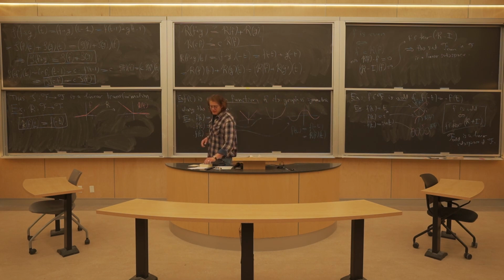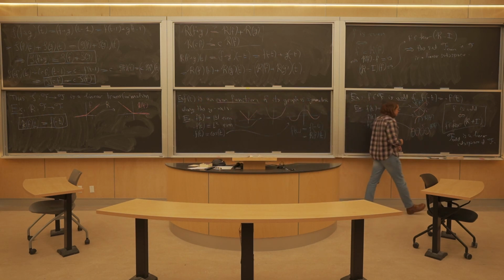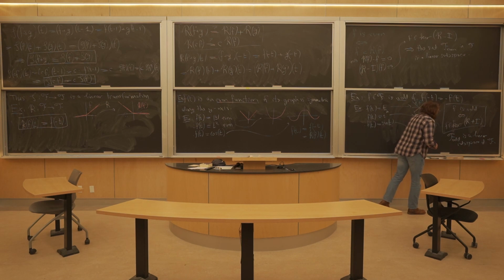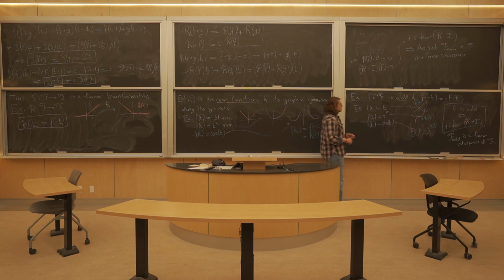Now, it is not the case that given any function, it's either even or odd. It's more complicated than that. But in a sense, it is still important to be able to distinguish odd functions and even functions.